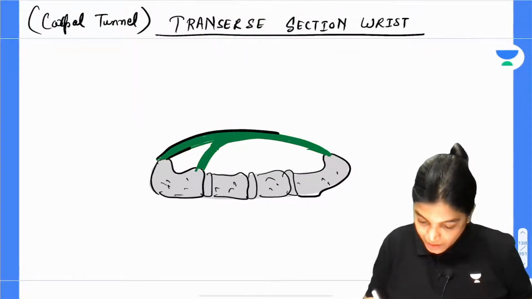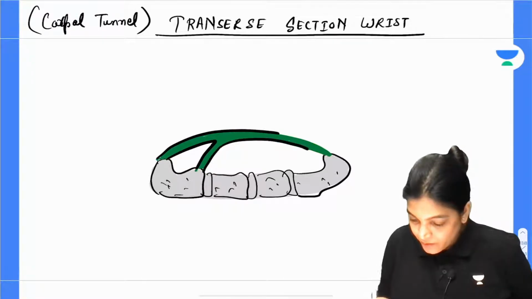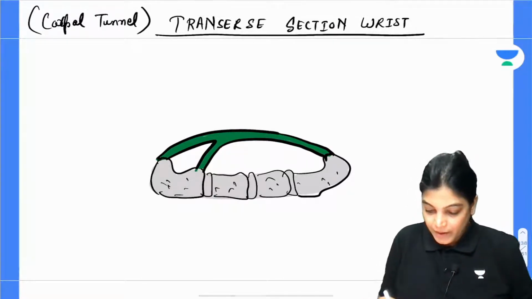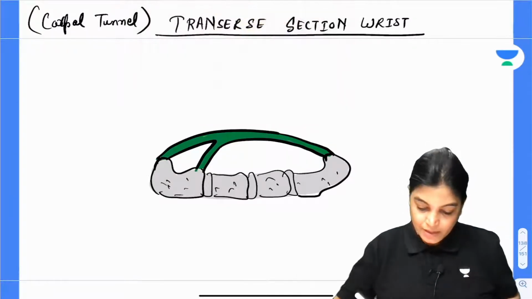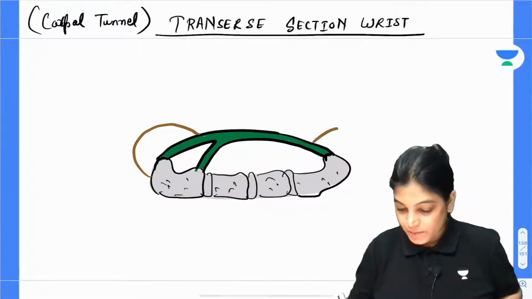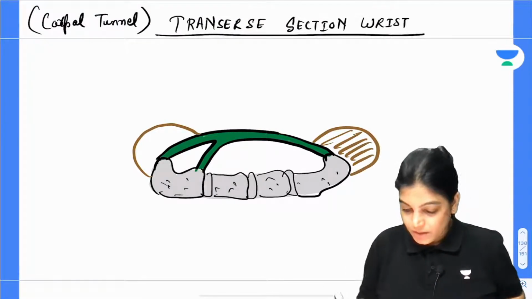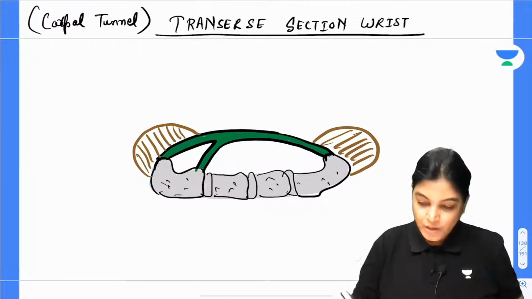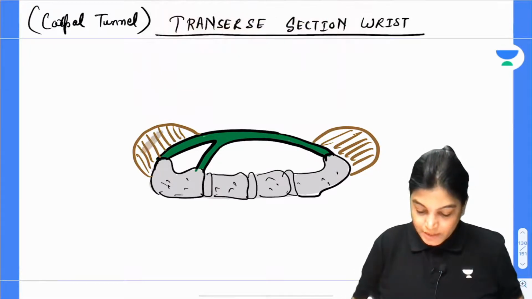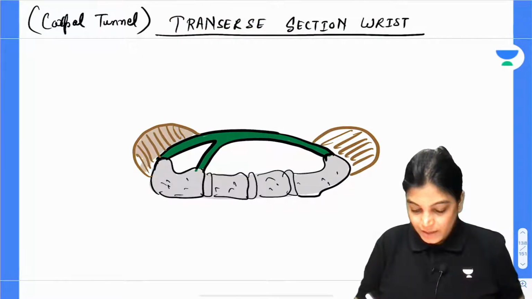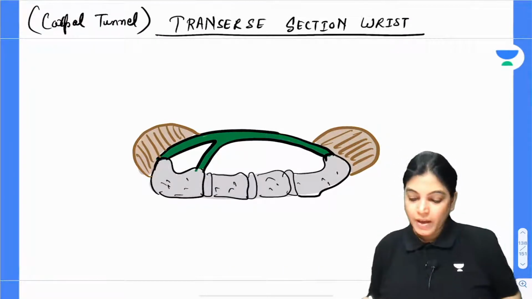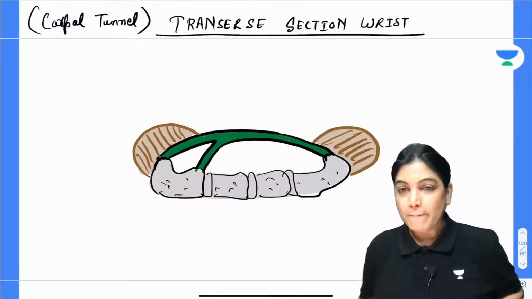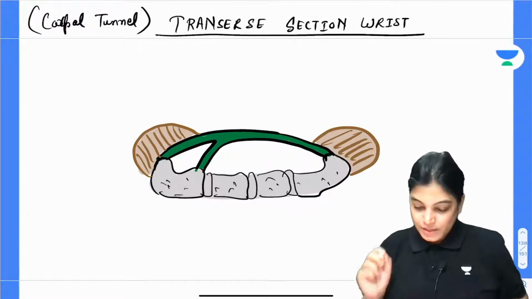Okay, so this is the outline which I am making. Now thereafter, on one side a muscle bulk here and another muscle bulk here. These will be the thenar and hypothenar muscles. On the medial side we have the hypothenar muscle and on the lateral side the thenar muscle, just to give an idea of the medial and lateral sides.